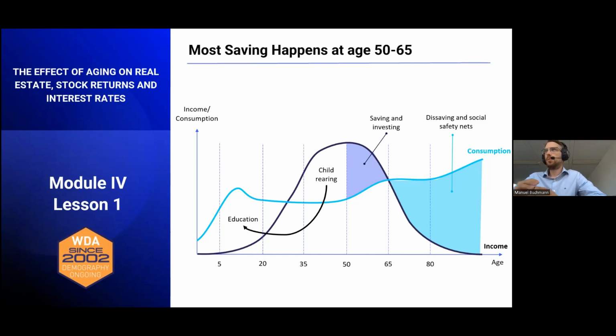And of course, through social safety nets. So transfers from the working age population to the retired population. And it is these last two colored boxes, saving and investing, and the saving and social safety nets, that are really the core of our interest here.